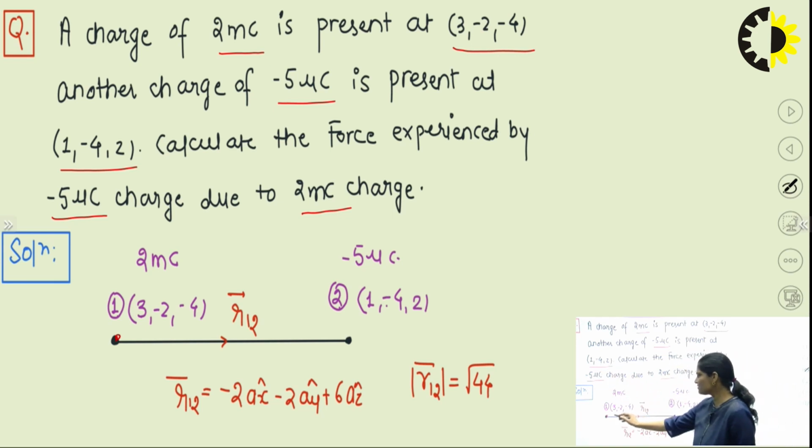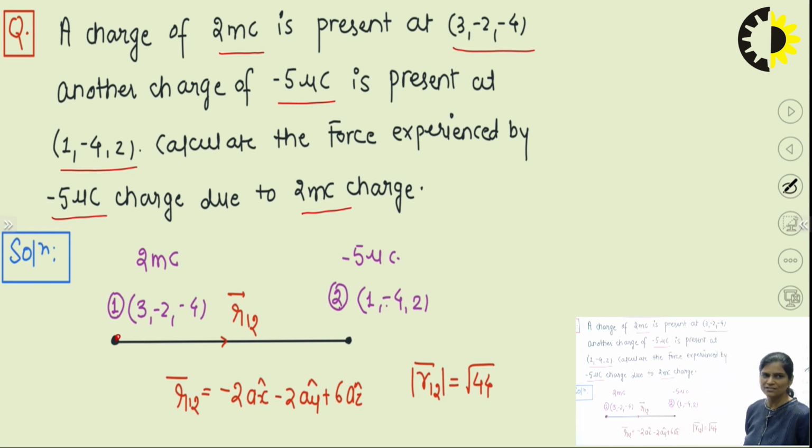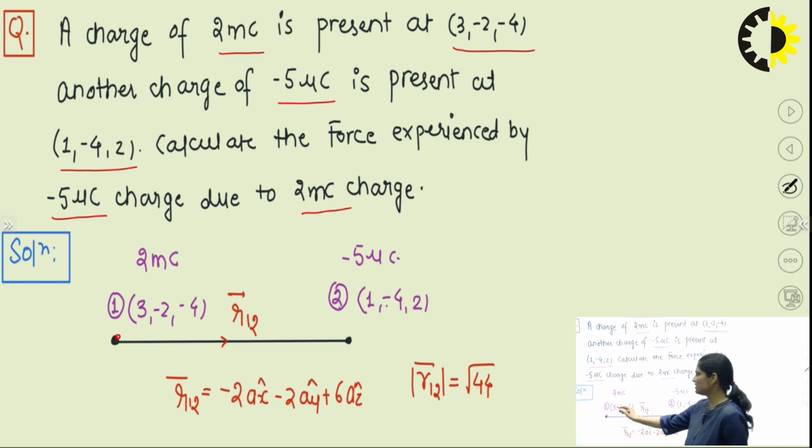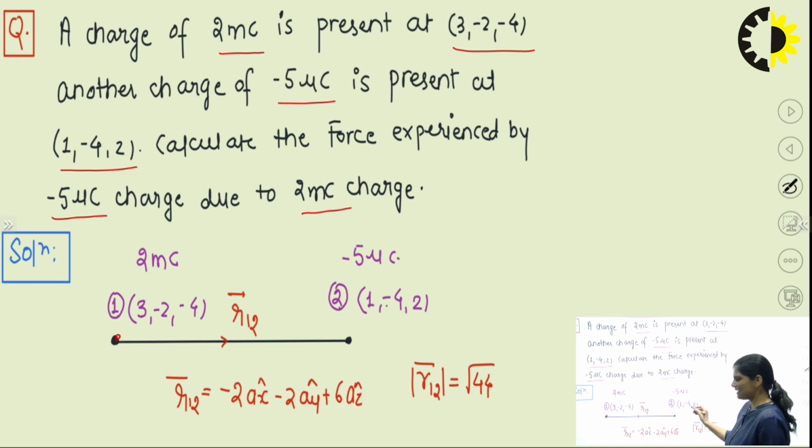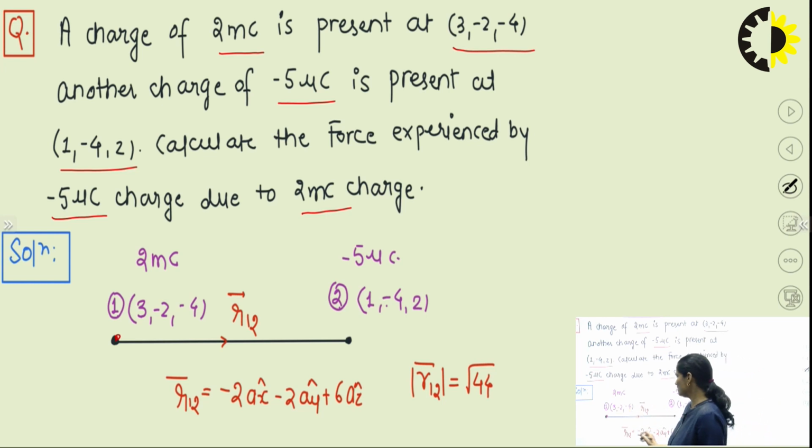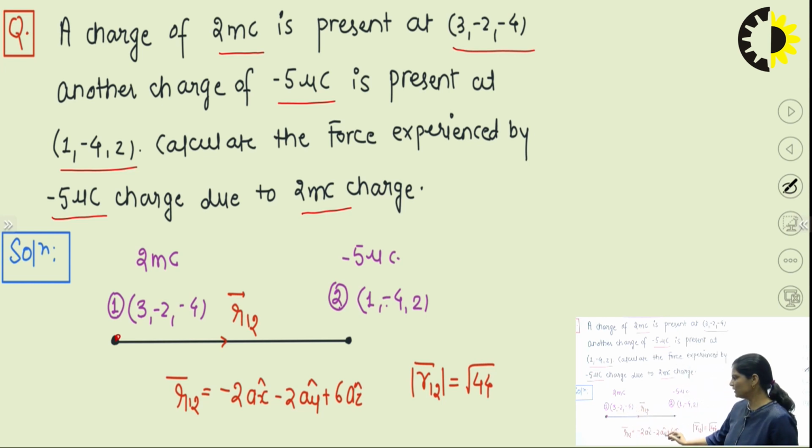So find the radius between the two charges, that is equal to x2 minus x1. So 1 minus 3, that is equal to minus 2 unit vector of x, because these are the dimensions of x, these are y, then z. So x2 minus x1, write down here, y2 minus y1, write down here, and z2 minus z1, write down here.